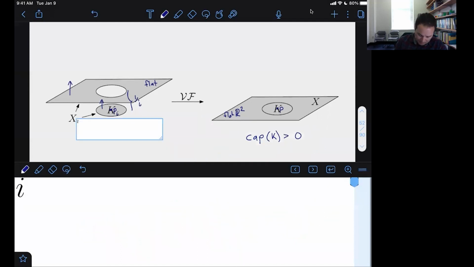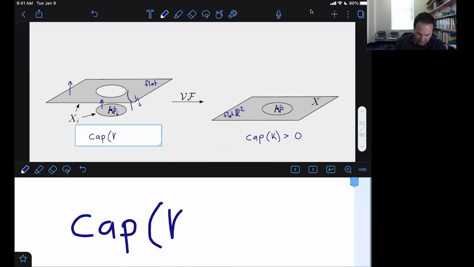Over here on the left, the set K could be just a ball, again centered at p_i, of small radius. Those capacities are always 0 because the set lies inside a connected component. You could use a test function that's just 1 on that component, 0 on the other component. That's technically Lipschitz, so you just get 0 for the capacity there.